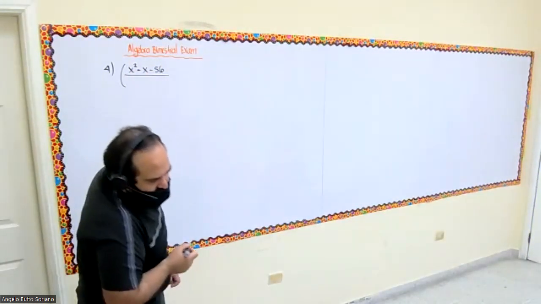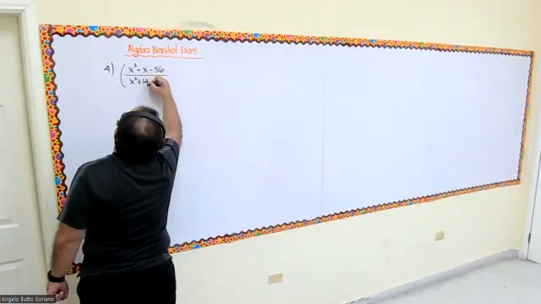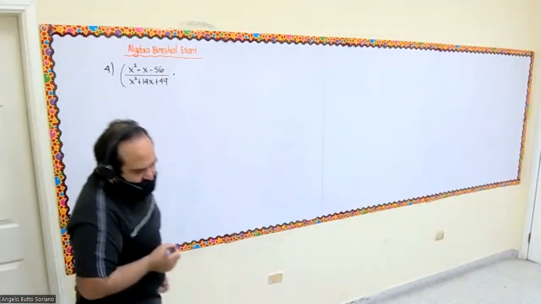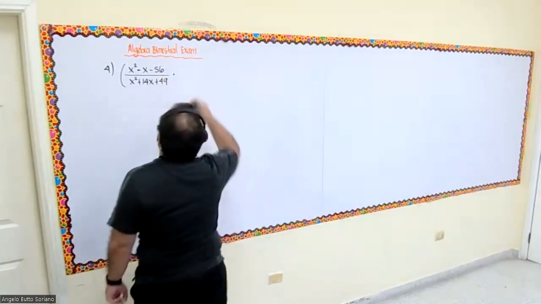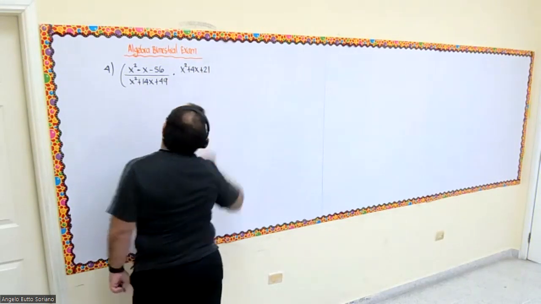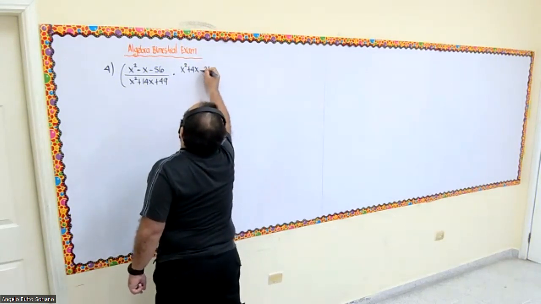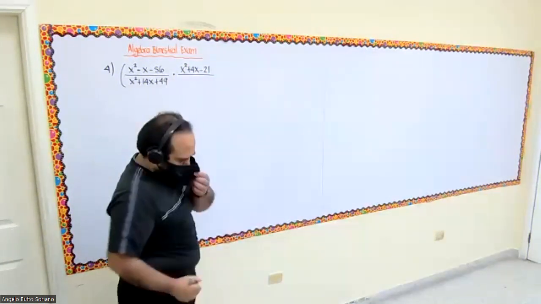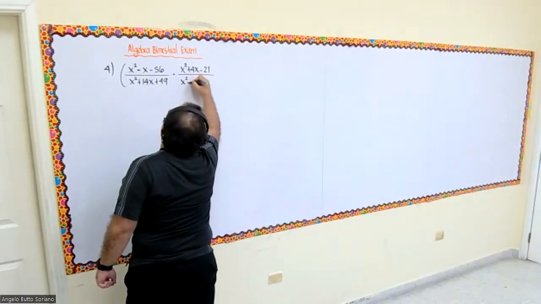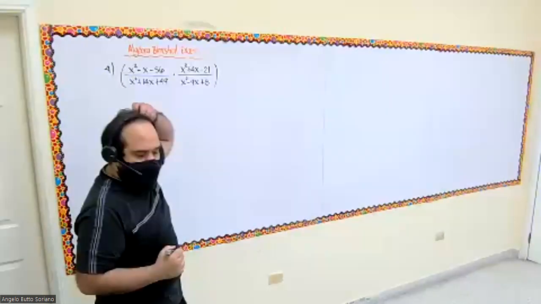over x plus x squared plus 14x plus 49, multiplying by x squared plus 4x minus 21 over x squared minus 9x plus 8, all right?